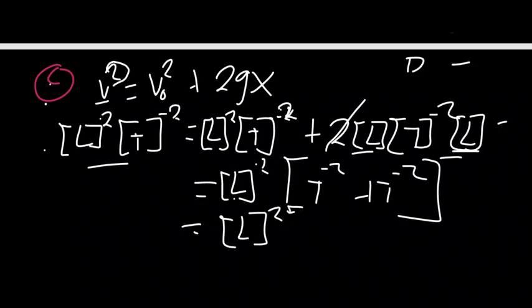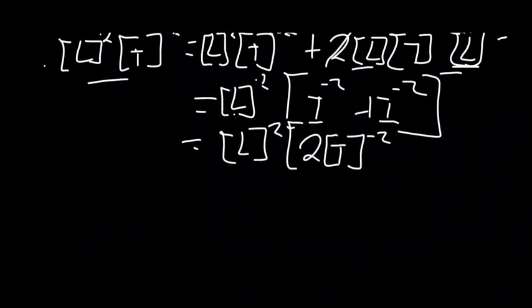So what am I going to get here is this. Then at this point, this will be 2T to the power negative 2. Okay, let me write it properly. So this is the power negative 2.